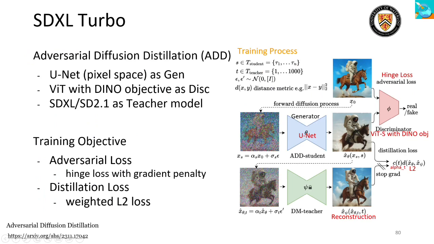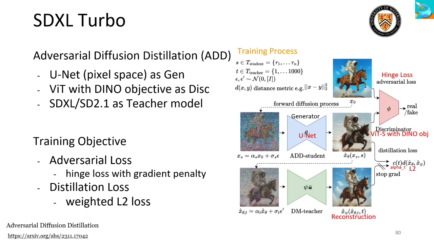So in detail, the generator uses a network like a UNet again, a pixel space UNet as a generator, while the discriminator is a vision transformer with the DINO objective. And for the teacher model, the paper used SDXL and also SD 2.1 as a teacher model.